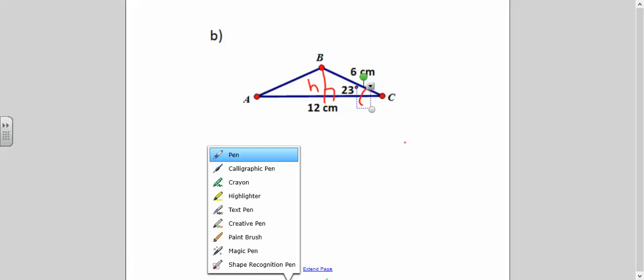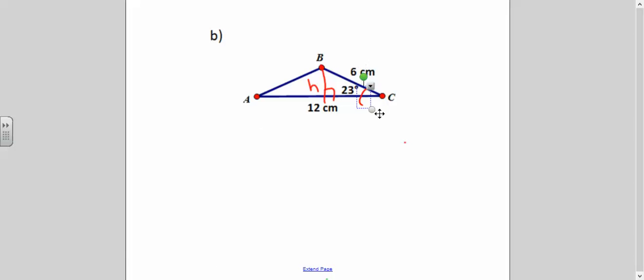So the area equals 1/2 the base times the height. Now our base in this case is AC, which is 12. Now we need to find our height here.